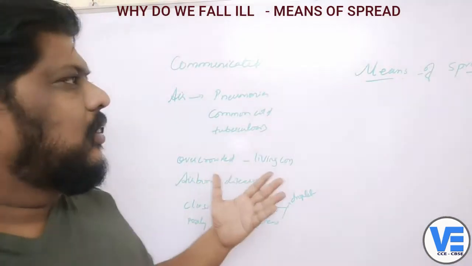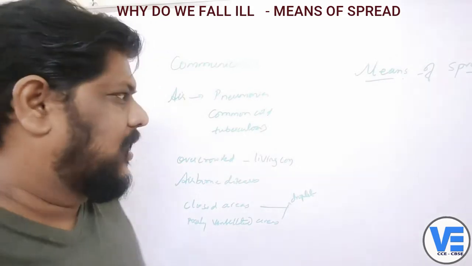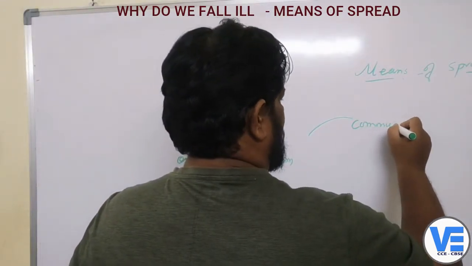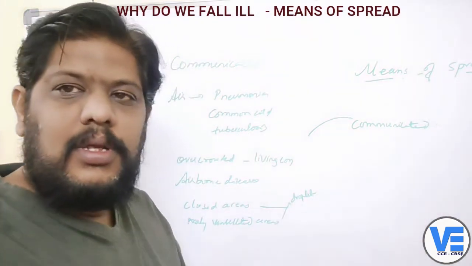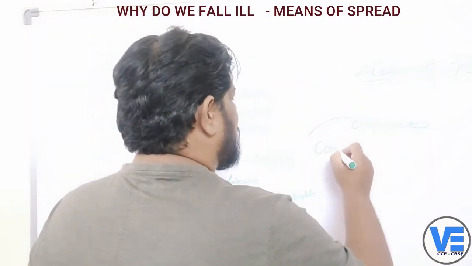So now here, if I'm telling that they are spread from one person to the other person, that means they are, you can say, communicated. They are communicated from one person to the other person. That is the reason why we call them communicable diseases.